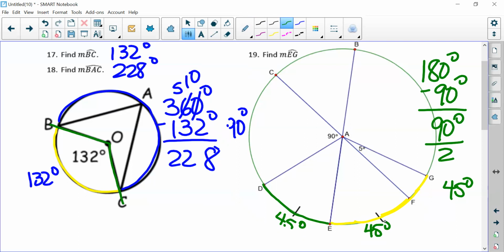Y'all look, if the measure of central angle FAG is 5, then that means the measure of arc FG is 5. Y'all, 45 plus 5 is 50. So the measure of arc EG is simply 50.